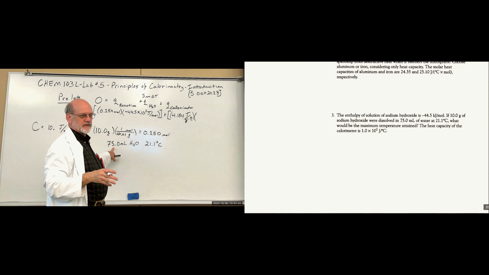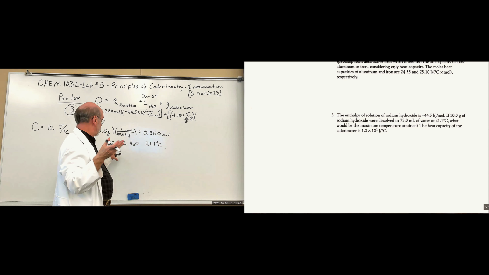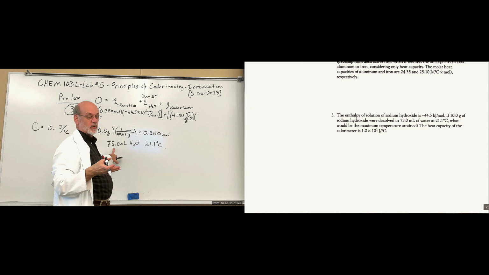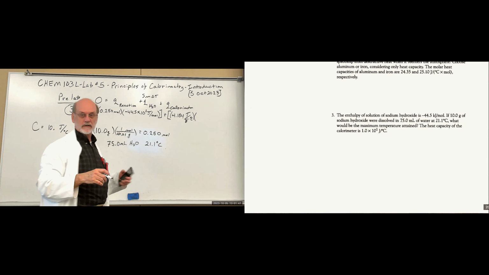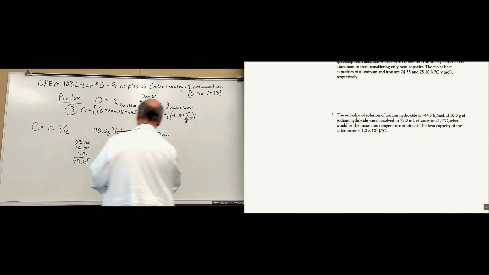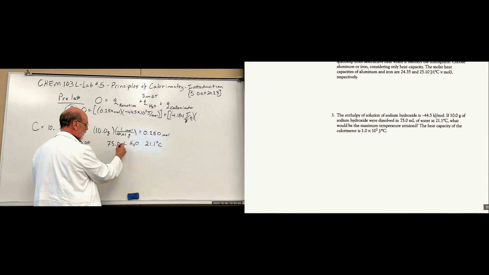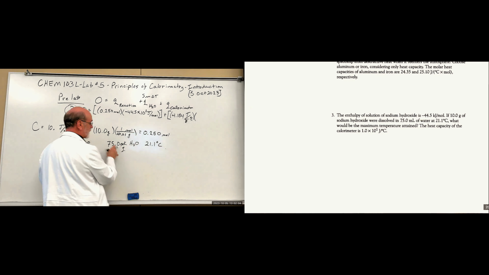So how many grams of water do we have? Well, for our purposes, the specific gravity of water is 1 gram per milliliter. So for this, we're going to equate this to 75 grams.